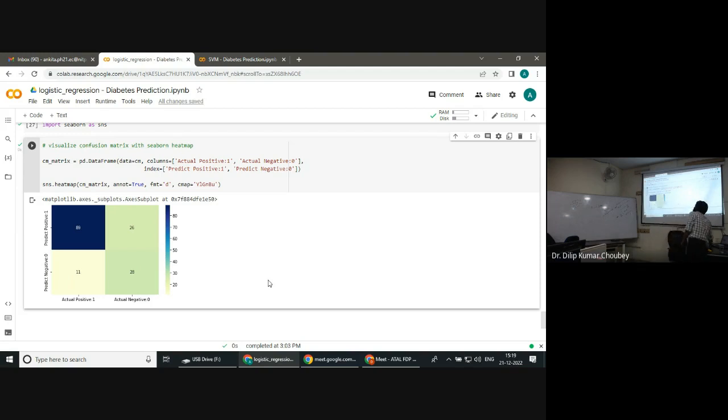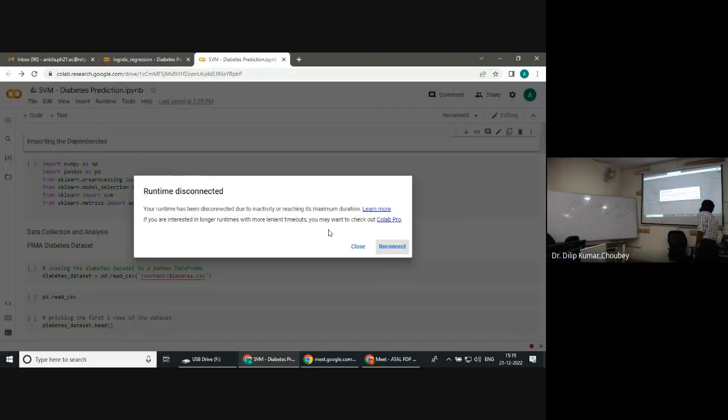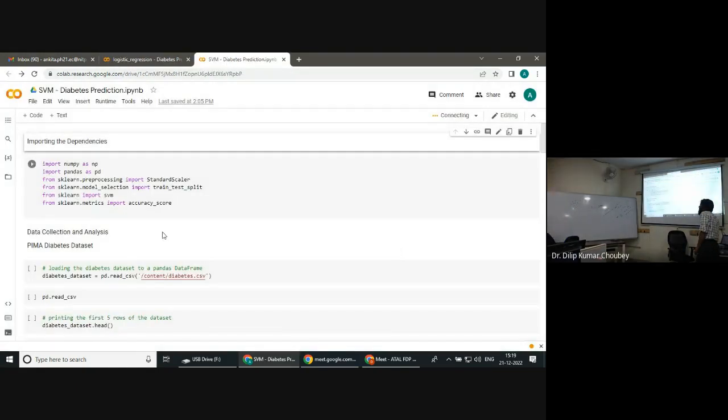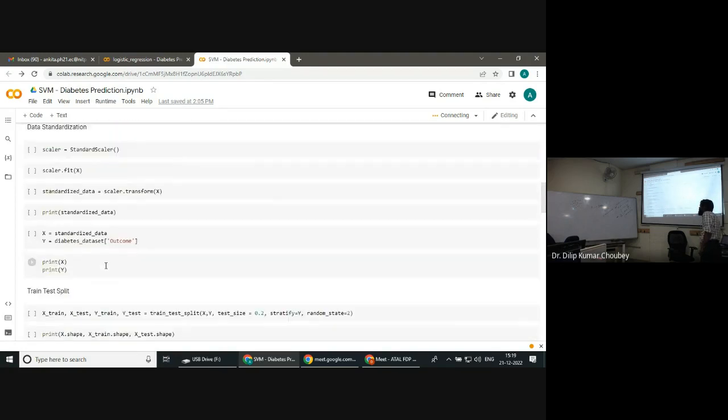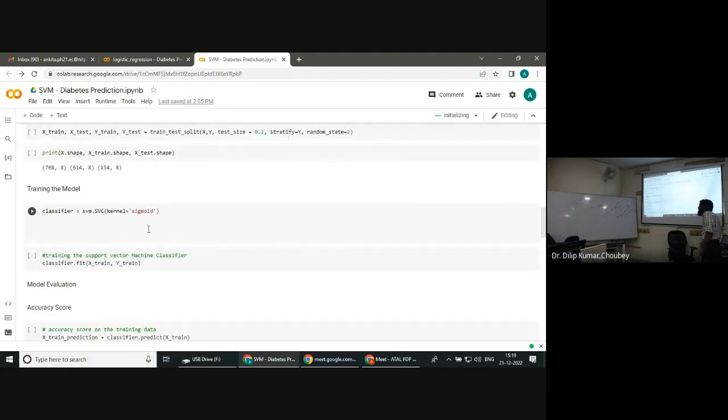And if you see a code for SVMs, here there is a sigmoidal nonlinearity being used, or a sigmoidal kernel being used. You can change this and make it a polynomial or a linear or an RBF, whatever you want to. There are certain options.